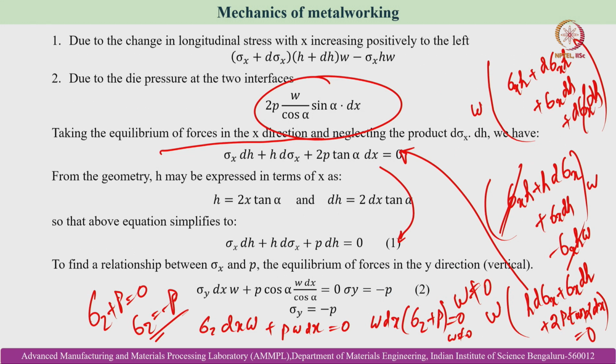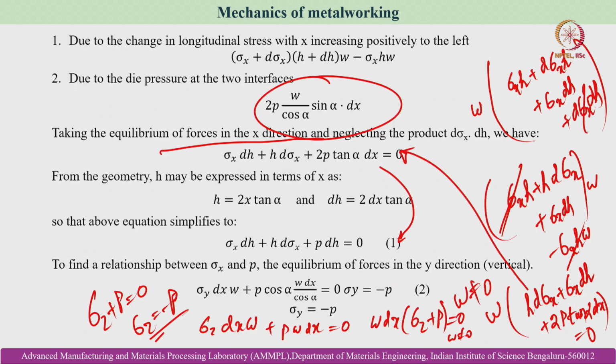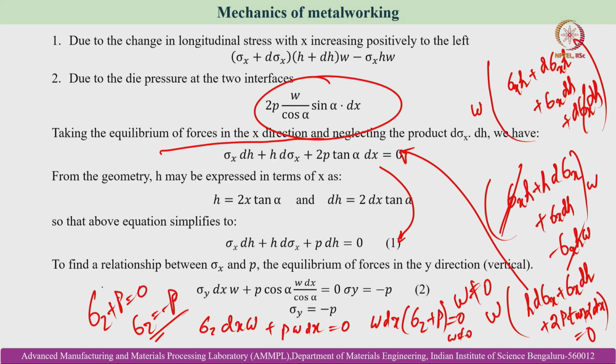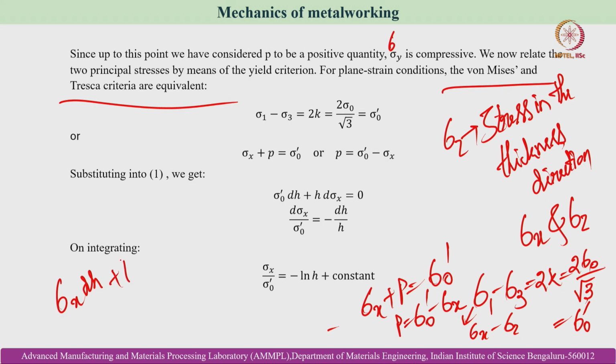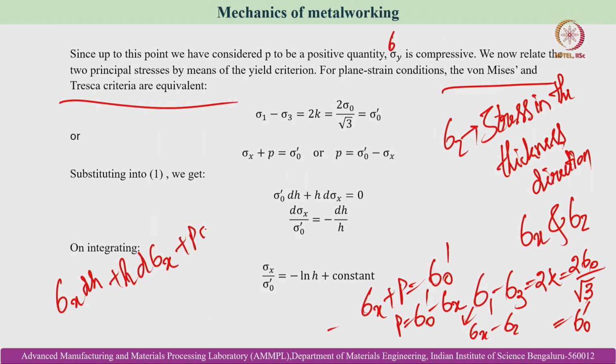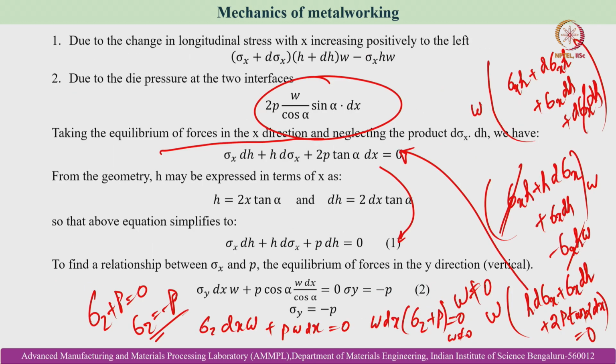So, if we write this expression again, that is sigma x dh plus h d sigma x plus p dh is equal to 0. Okay.